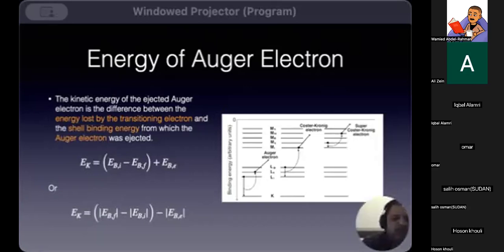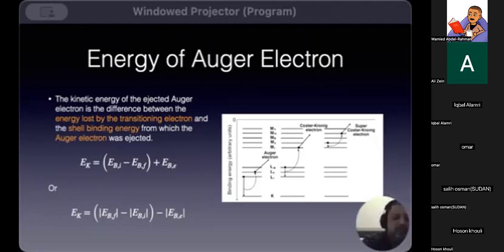So in the notation, we can write E_K, that's the kinetic energy of the electron, equals the binding energy. Again, this is just the energy that the original, transitioning electron lost.